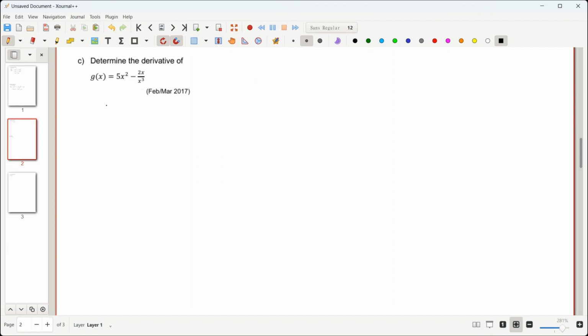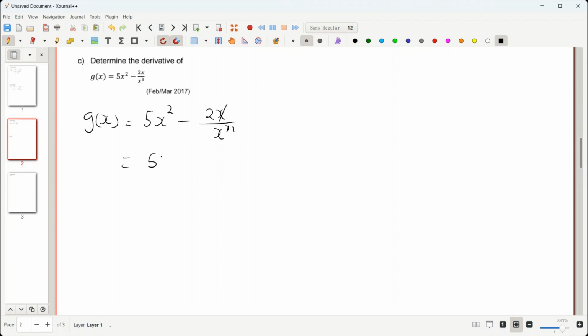So how can we do that here? We have 5x squared and then 2x divided by x cubed. You can clearly see that you will divide here: one of the x's will go, so you'll have 2 here.